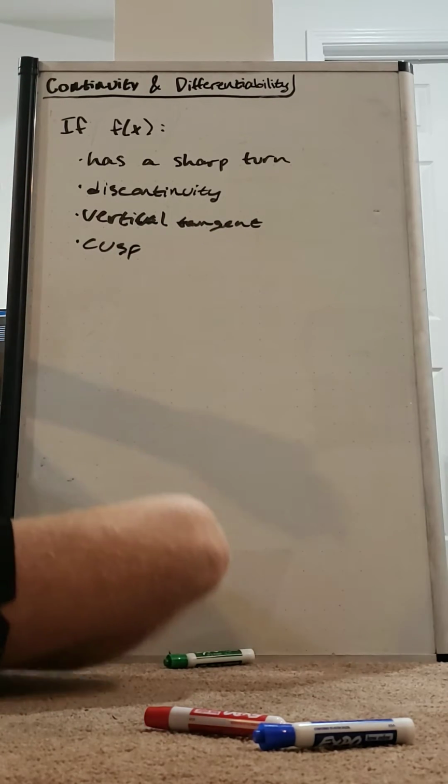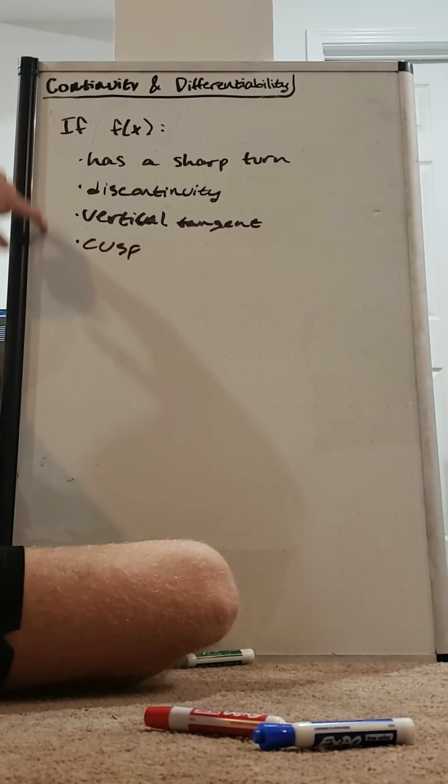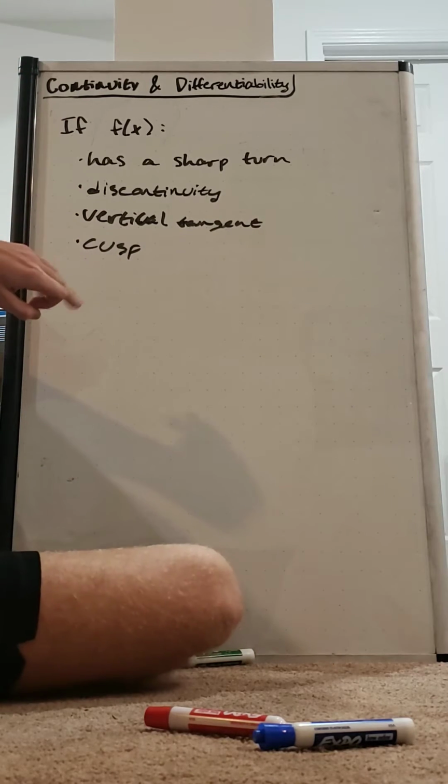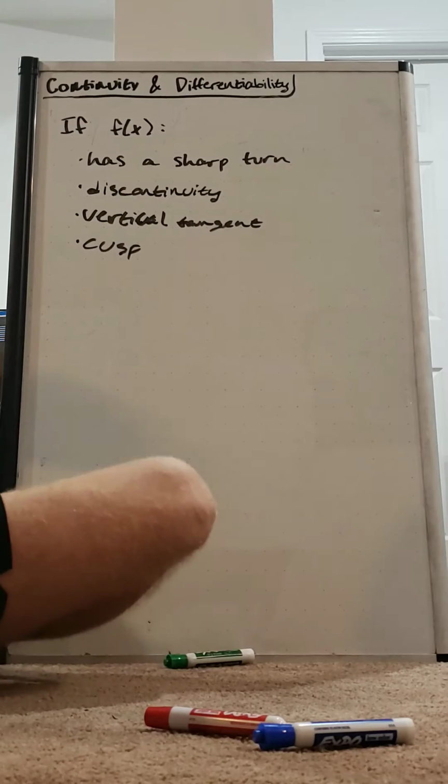So if a function has any of these 4 at a given point, that means it is not differentiable at that point. And I'll go through each of these.